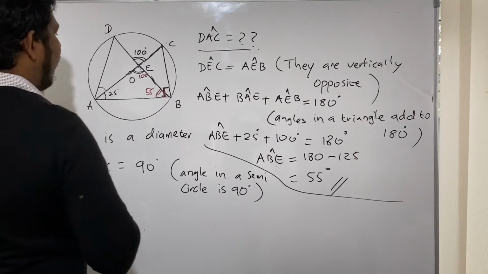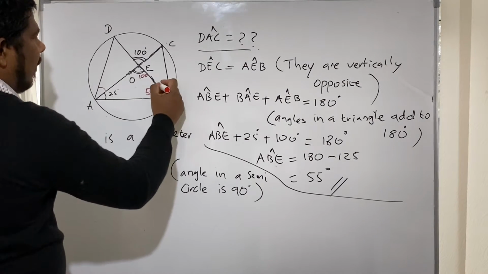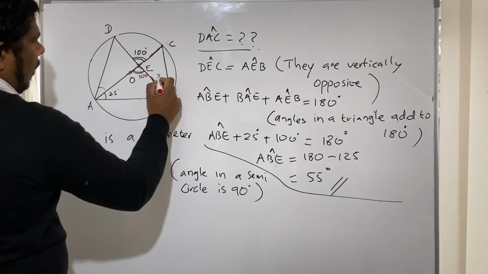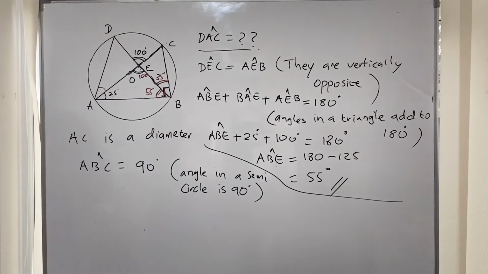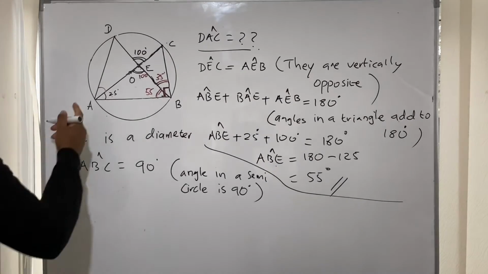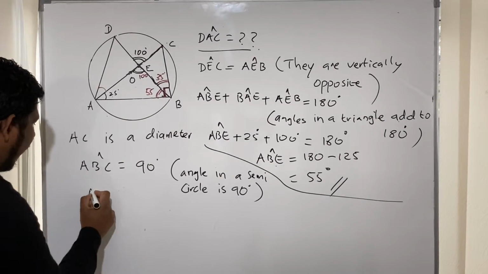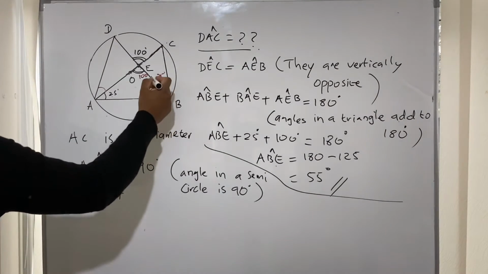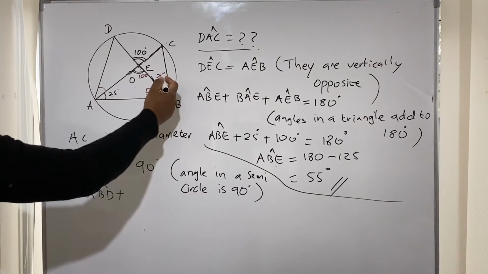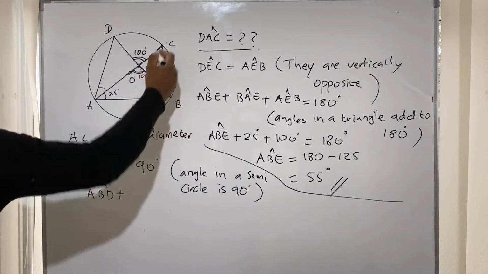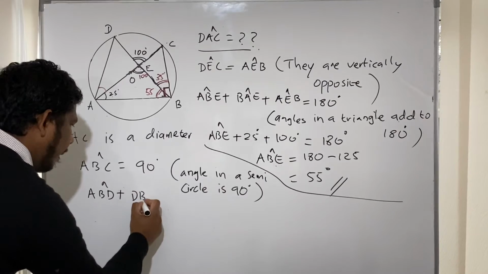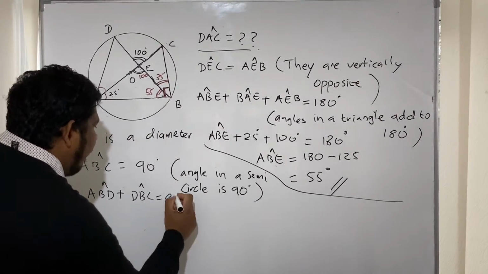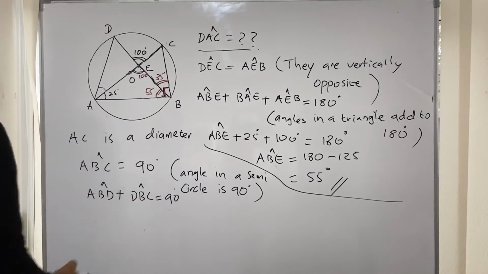Therefore, this angle is going to be 90 minus 55. So that is going to be 35. So we can write down that angle ABD plus angle DBC is equal to 90, these two angles.